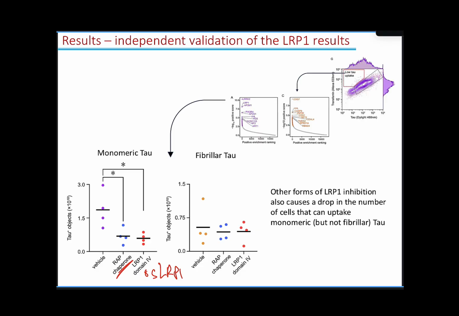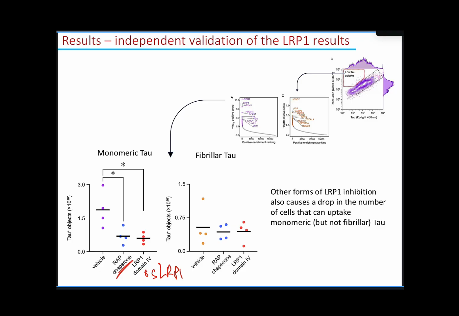Right? So two complementary approaches to basically saying, I'm not going to mutate the gene, I will simply inhibit its function. And in both cases, they saw a significant drop in the amount of monomeric tau that they could see inside of cells.